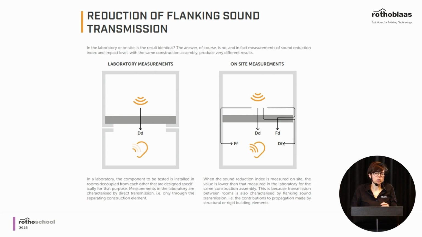There is also a third path, which is when the separating wall vibrates, transmits its vibration to the side walls in the receiving room, and so the side walls in the receiving room are vibrating more.